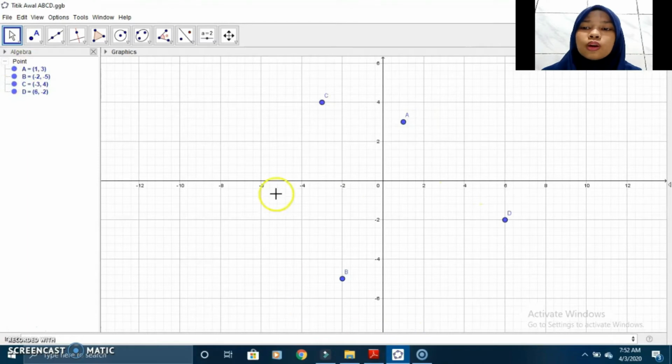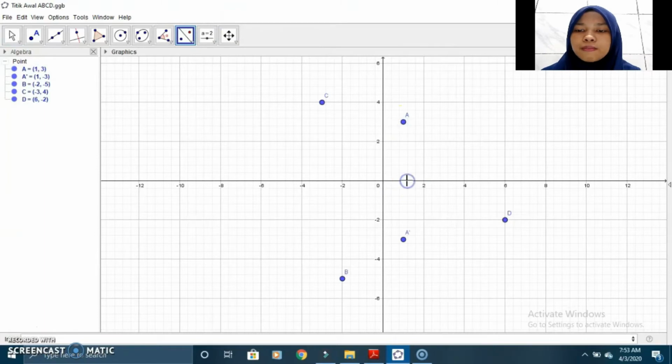Now we will find the reflection of each point with respect to the x-axis. We choose Reflect about Line, click point A and the x-axis, B and the x-axis, C and the x-axis, and also D with the x-axis. Then we have A', B', C', and D'.